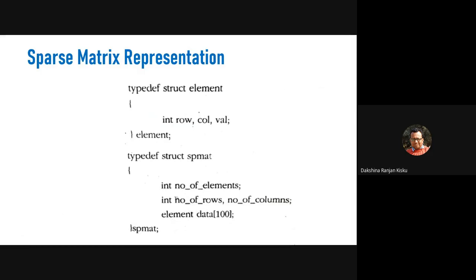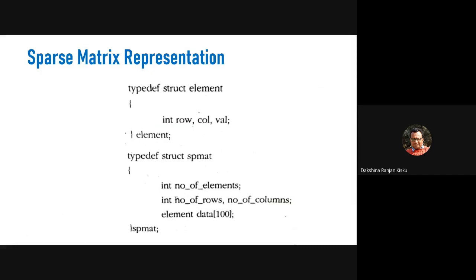So we can write typedef struct element. Here typedef means we use the keyword typedef to make use of another name for the data type. So a data type could have another name, specified by the typedef keyword.